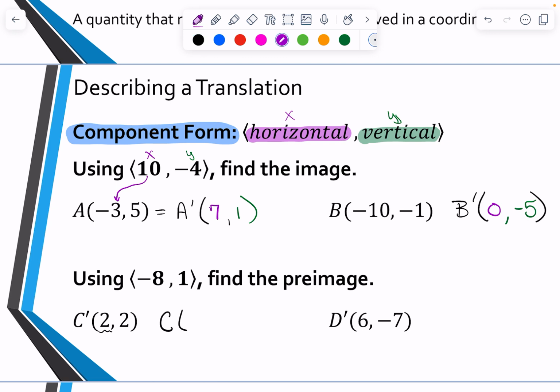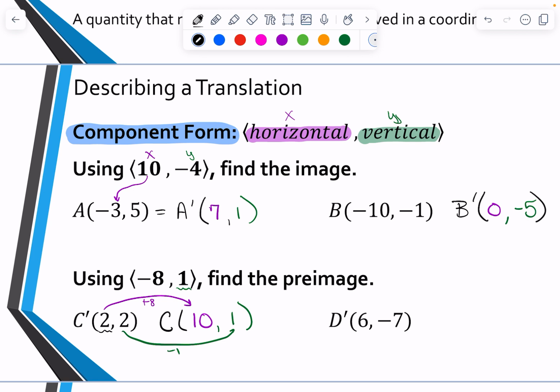Therefore, to get from the image to the pre-image, we're going to have to add 8 to that. So that means we would be at 10. Instead of adding 1, we would have to subtract 1 because we're working backwards. So that would put us at (10, 1).